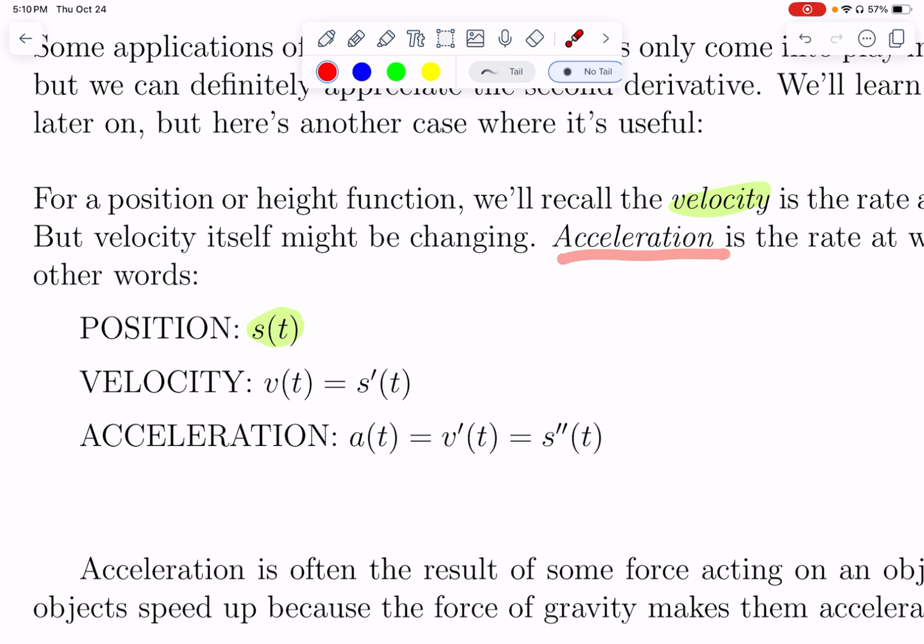Velocity measures the rate at which position changes. And then acceleration, sometimes we call that a of t, that's the rate at which velocity changes, so it's v prime of t. But remember, v is already a derivative. So acceleration is the derivative of a derivative, and therefore it's the second derivative of position. Right, so velocity is the first derivative of position.